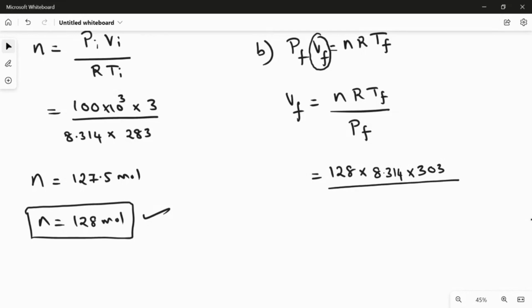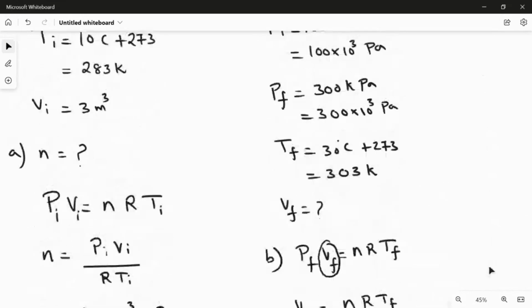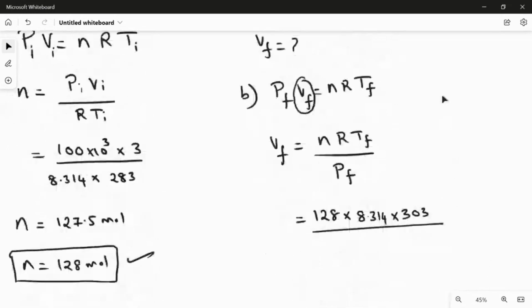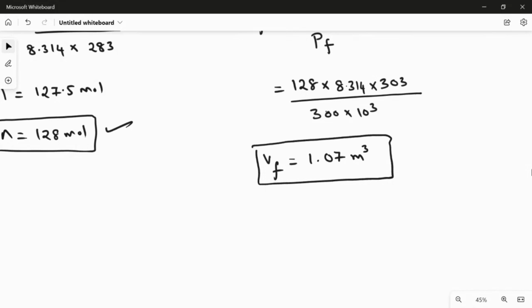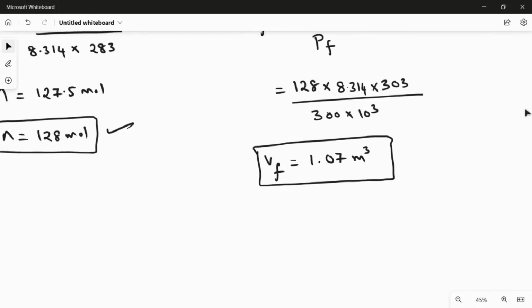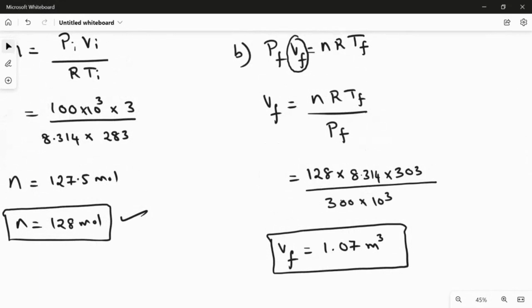Over the final pressure, which is 300 kilopascal, so 300 multiplied by 10 power 3. I got the final volume here as 1.07 meter cube. So this is the answer for the second question. Clear? That's it. Thank you.